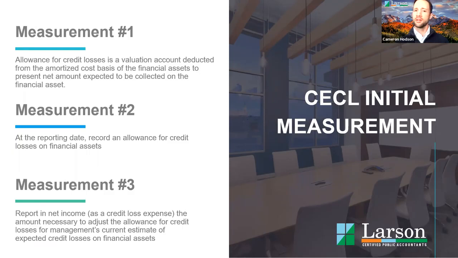This will be presented as an allowance on the balance sheet, netted with the related financial assets. And measurement point 2 there is this is at the reporting date, just whatever period your financial statements are representing. And then the offset to this allowance account will be flowing through net income. Next slide.